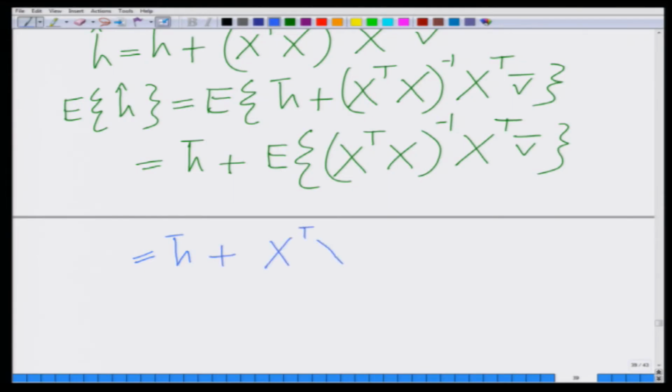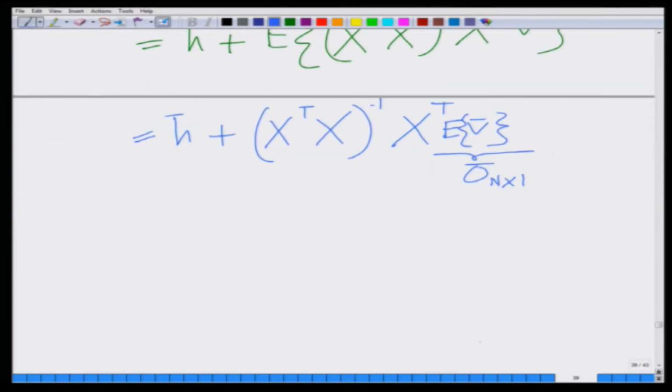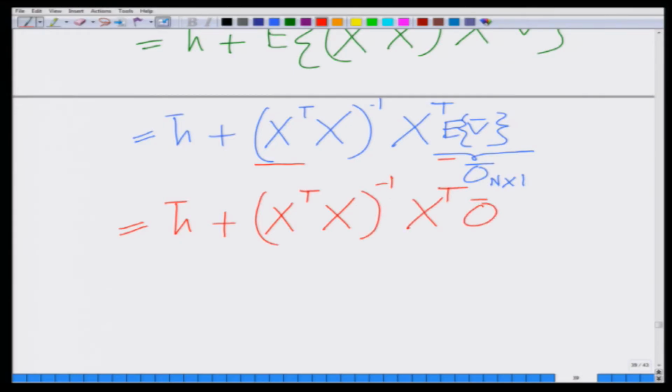I have x transpose x inverse x transpose expected value of V bar, but the expected value of V bar is the n cross 1 0 vector. Hence, this quantity, let me just write that down, is h bar plus x transpose x inverse x transpose 0 bar, and this quantity is 0.